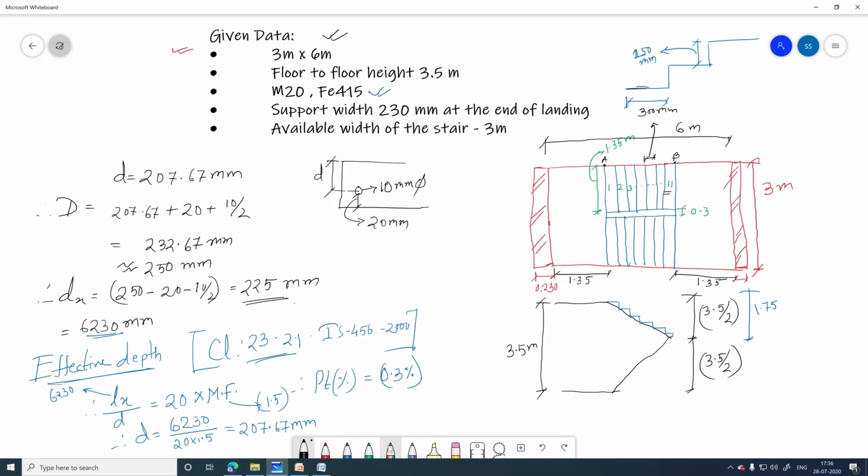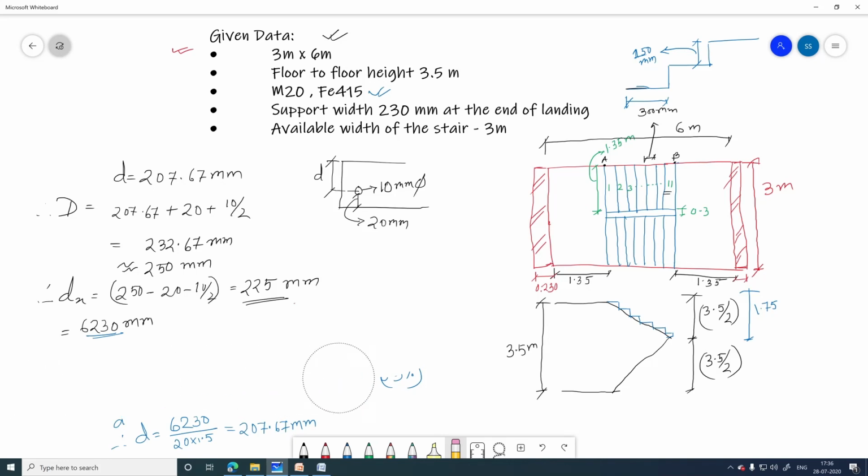So let us write the summary up to this, whatever data we get. The data that we get is the effective length Lx, 6.230 meter.